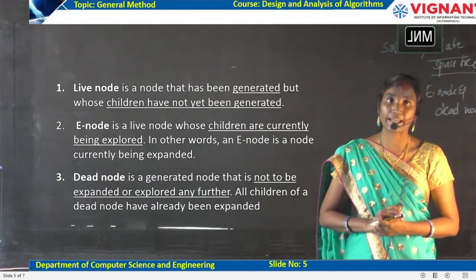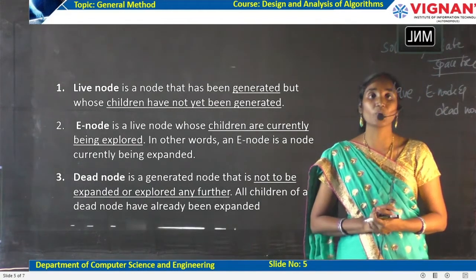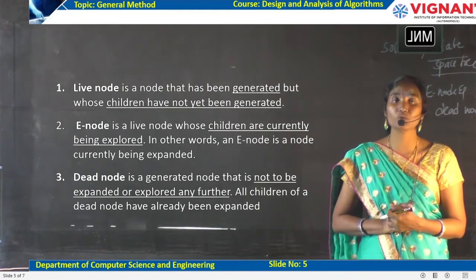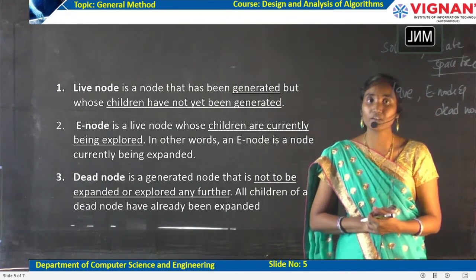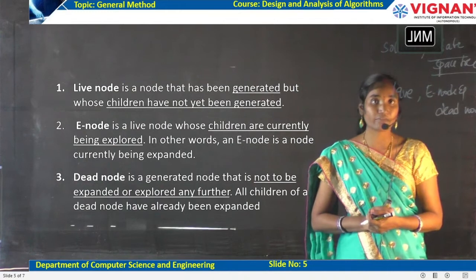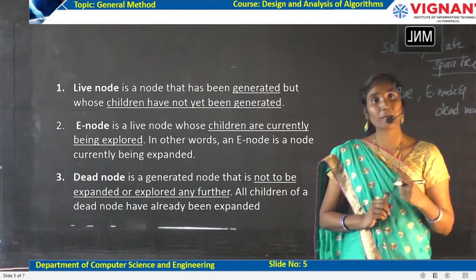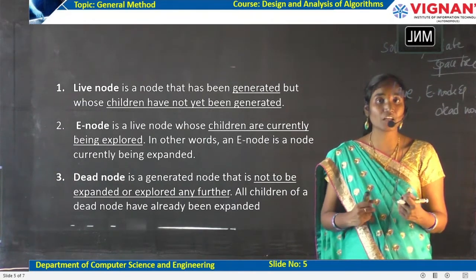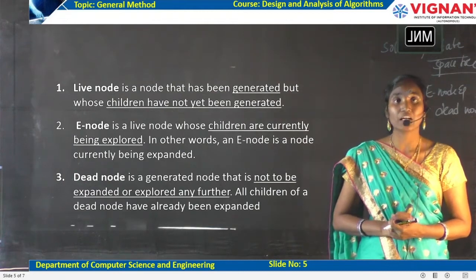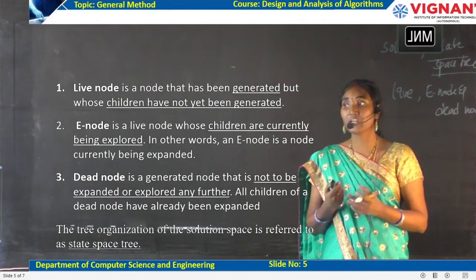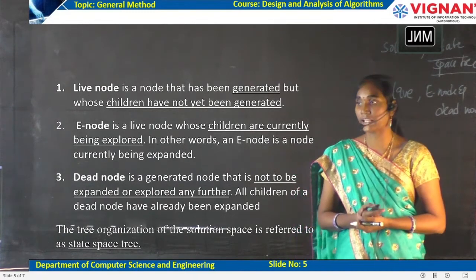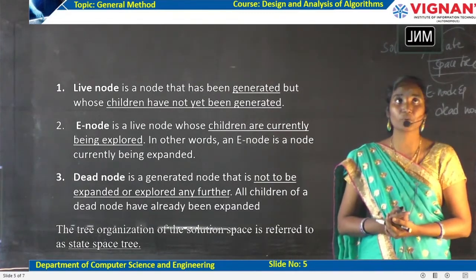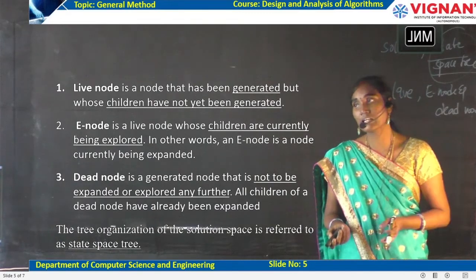E-node, or expanding node, means the node is generated and whose children are being explored. Dead node means the nodes where the parent node as well as the children nodes have been generated and there is nothing to explore further. And the tree organization of solution space is referred to as a state space tree.